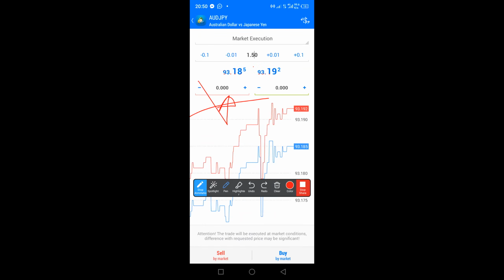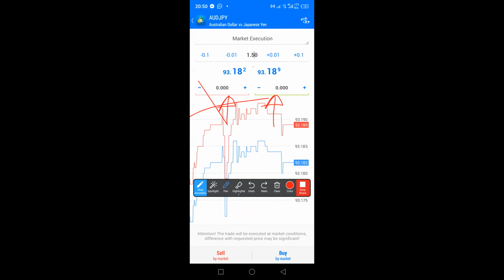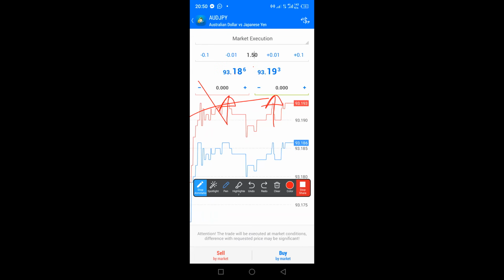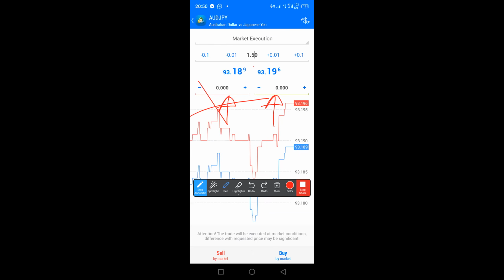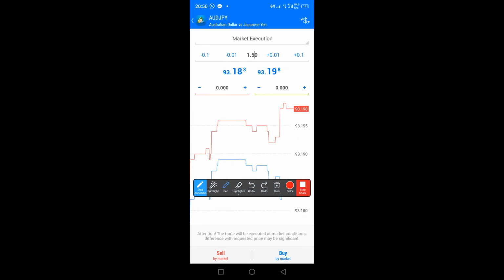Yep, the fourth segment has this. It's divided into two. So you see one has negative, then in between it has 0.000, then plus, but underneath it is a red line. Then repeated again to the right, but underneath it is a green line, right? So that red line delineates our stop loss, and the green delineates our take profit.